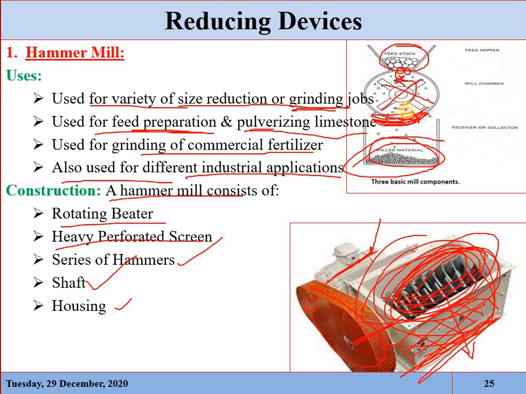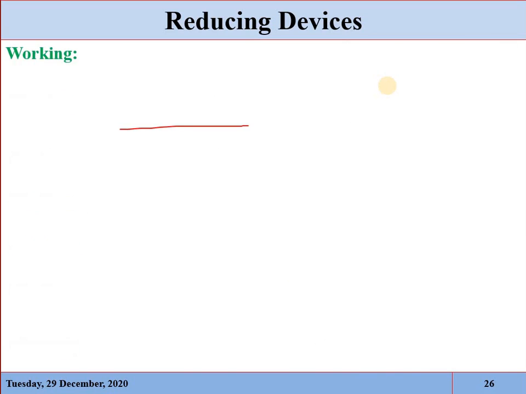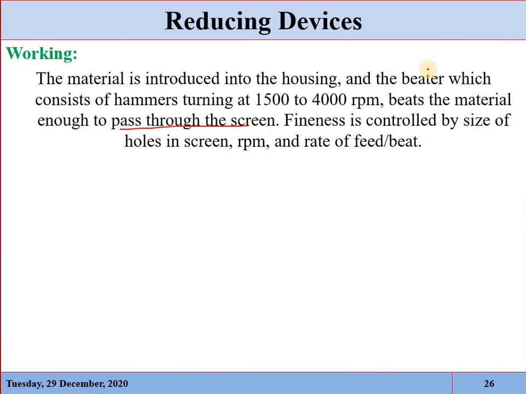The revolution of the rotating beater is from 1500 to 4000 revolutions per minute. Fineness is controlled by the size of holes in the screen, revolutions per minute, and rate of feed.